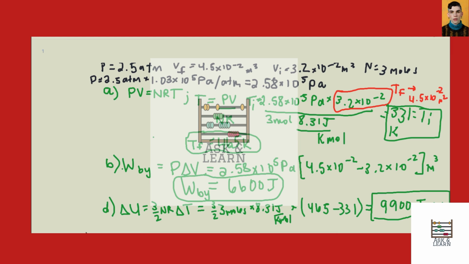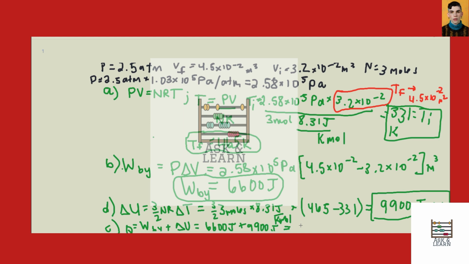Okay, now you can go back to part C. For C, you want to use the equation that Q equals the work by the gas plus delta U. And so we can just add the answers from B and D. So 6,600 joules plus 9,900 joules.